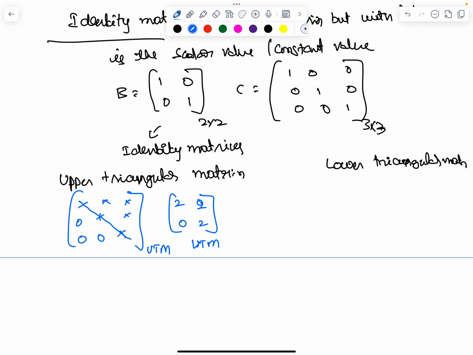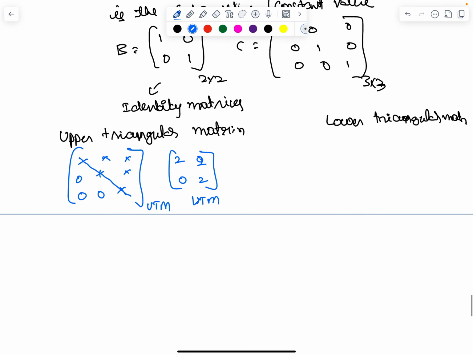This is also an upper triangular matrix. You can extend that further. In other words, 2, 1, 0, 3, 4, 5, 0, 1, 3, 4, 5, 0, 0, 0, 3.